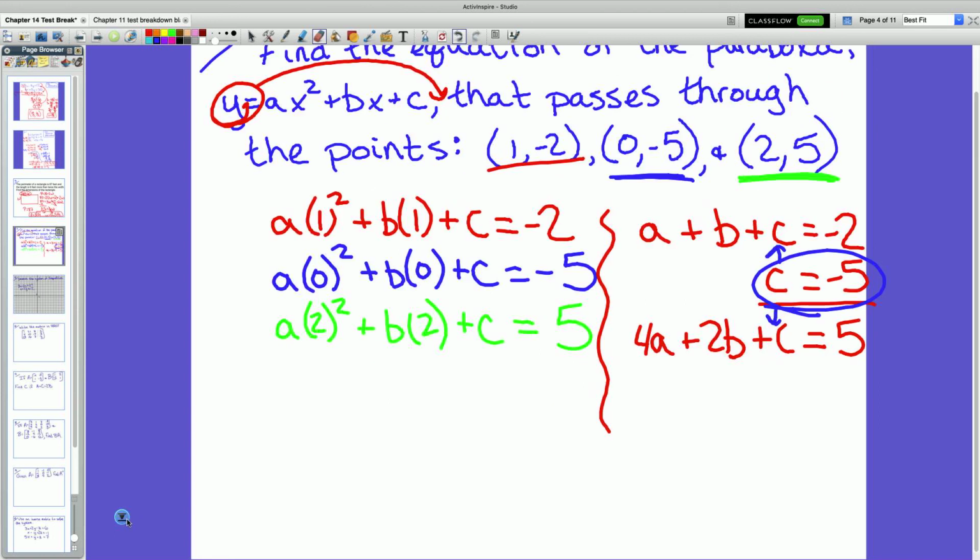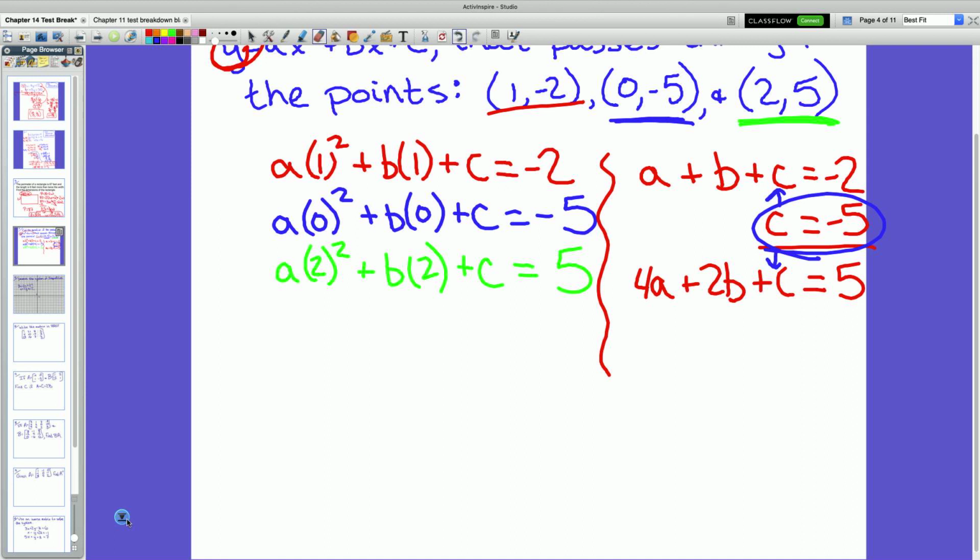So if I plug that in, I would get a plus b minus 5 equals -2. And on the bottom, I would get 4a plus 2b minus 5 equals 5.